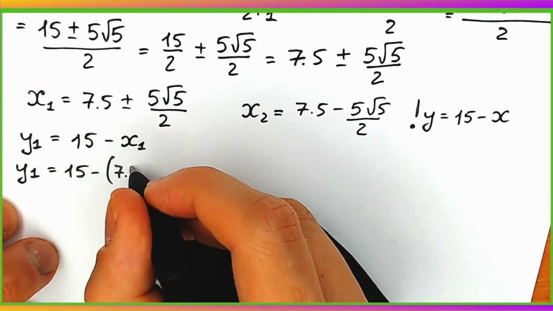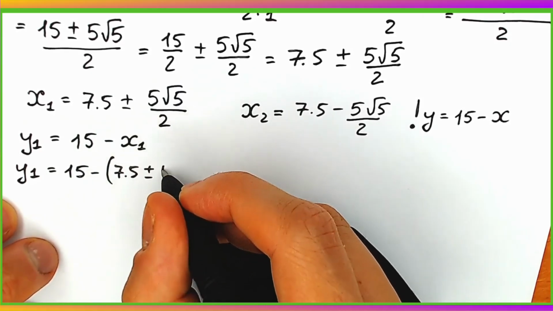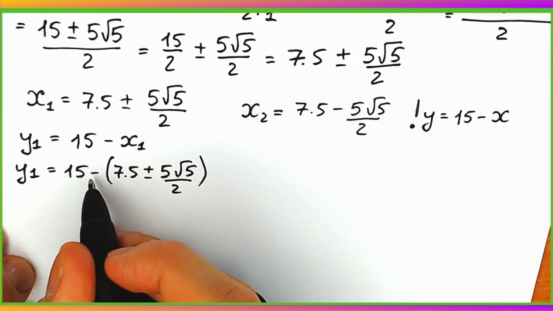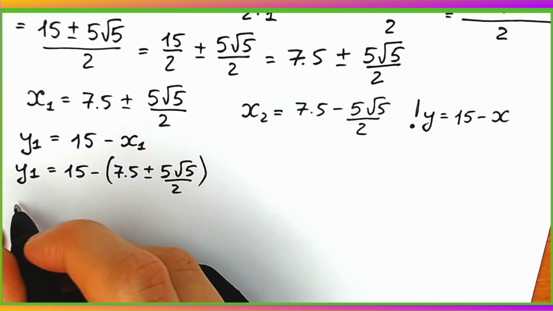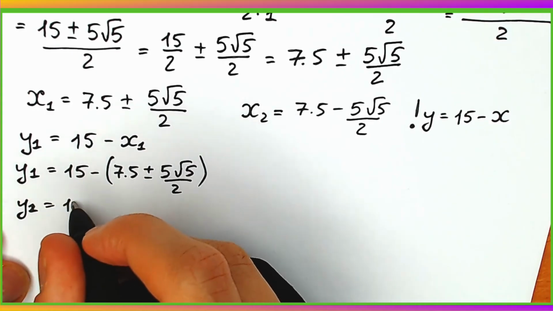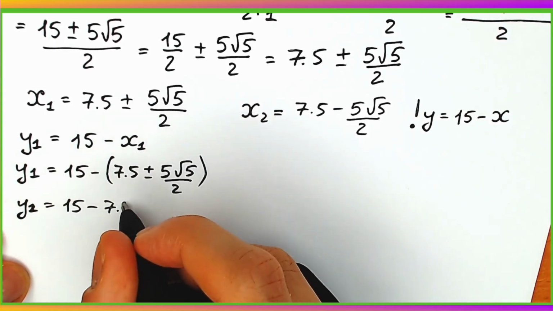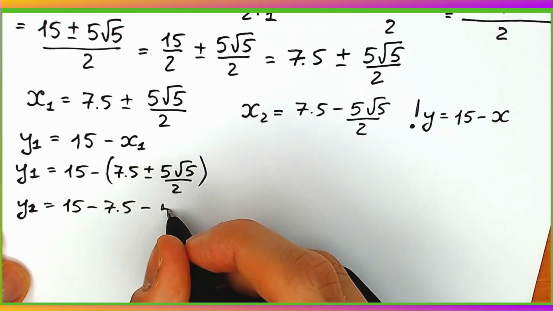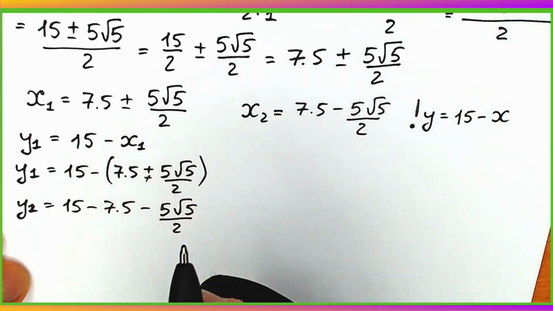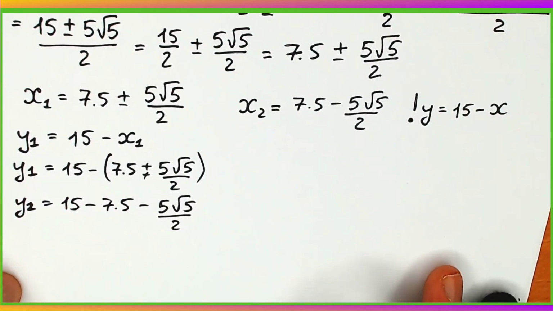So y first equal to 15 minus this x first. So we have 7.5 plus 5 square root of 5 over 2. Right now let's multiply this minus 1 by this parenthesis, so that's why we need to change all these signs. So y first equal to 15 minus 7.5 and minus 5 square root of 5 over 2, and of course we don't need this negative sign on the bottom, right here plus.